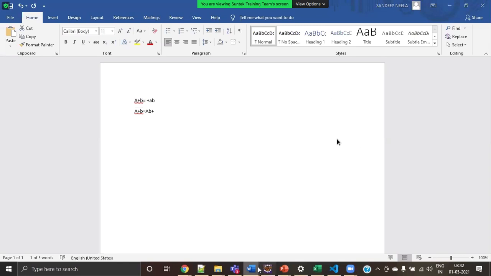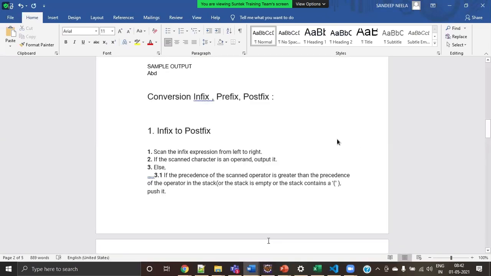Good. Now we'll jump into the question. How to convert infix to postfix? That means operands should come left and the operator should go to the right side, like AB plus. So what we need to do?